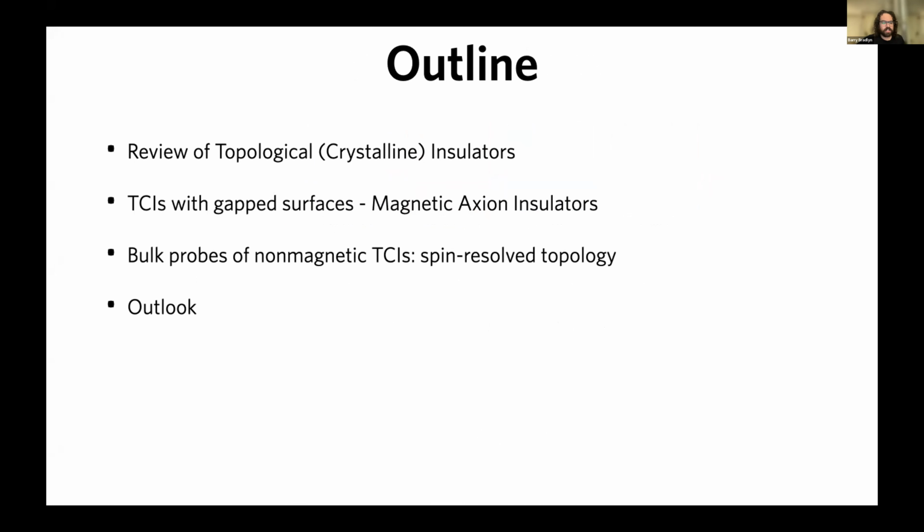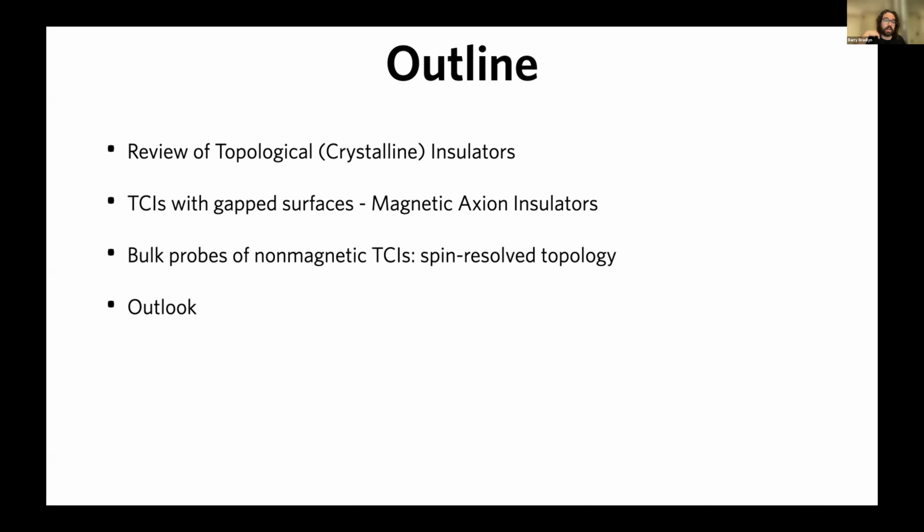Okay, so I'm going to start my talk today with a brief review of topological insulators and topological crystalline insulators from the perspective of symmetry and topology, looking at Wannier functions and Berry phases. Then I'll introduce a family of topological crystalline insulators that can have gapped surfaces.